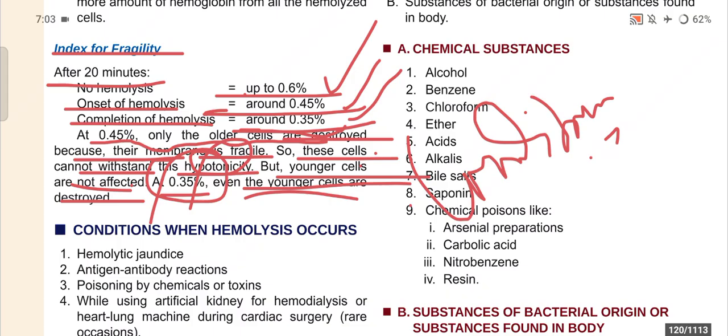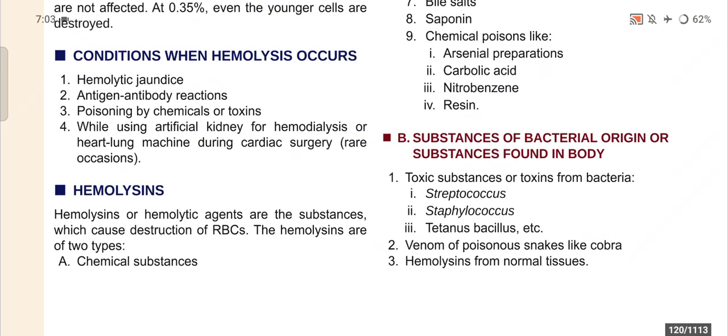Now what are the conditions when hemolysis occurs? There are 4 conditions which are mentioned in this book. So let us start. Number 1, hemolytic jaundice. Number 2, antigen antibody reaction. Number 3, poisoning by chemical or toxin.